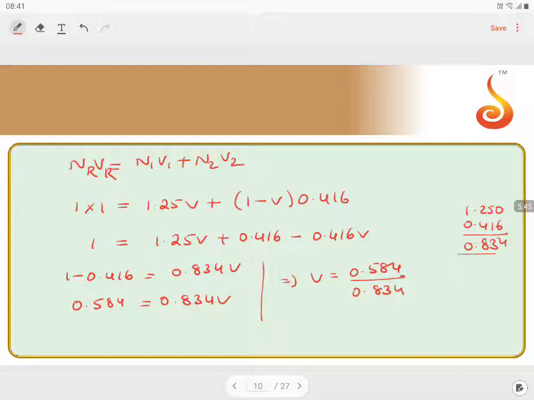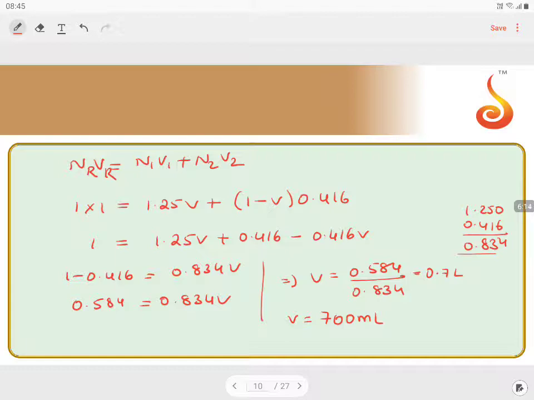V comes to be 0.700, so approximately 700 ml. We'll get 0.7 liters, and 0.7 liters is 700 ml.